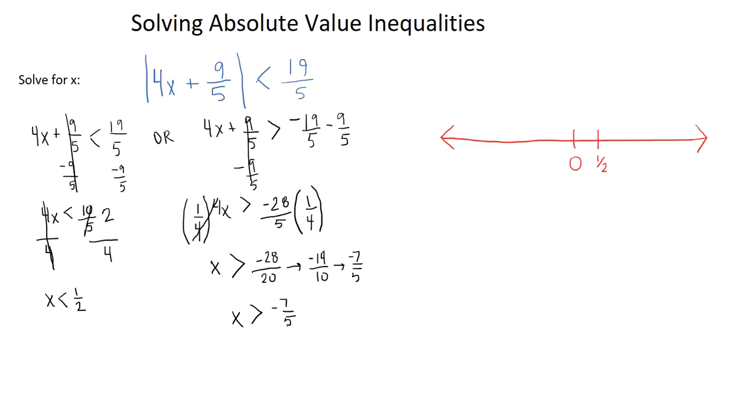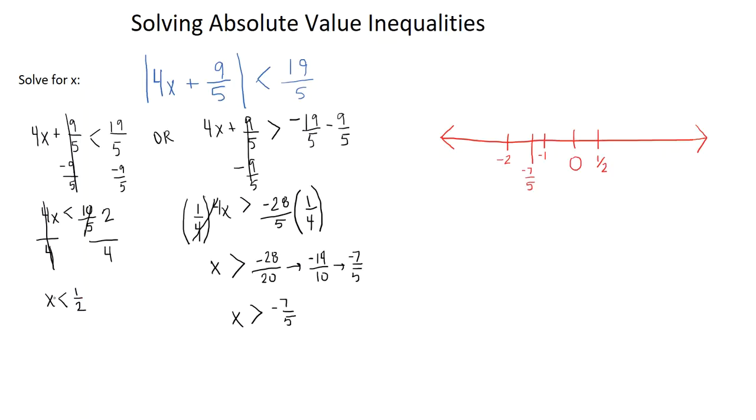Negative 7/5 is between negative 1 and negative 2. So if there's negative 1, there's negative 2. And this would be negative 7/5.